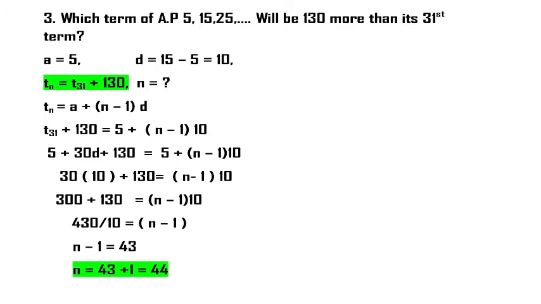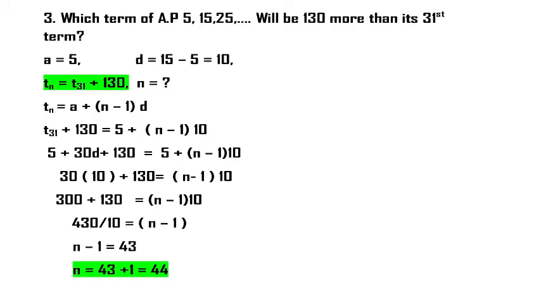Before, we solved problems such as which term of the AP 5, 15, 25 will be 180, or 160. At that time, we considered that value as Tn. But here that value is again given with a small relation. So which term of an AP will be 130 more than its 31st term?